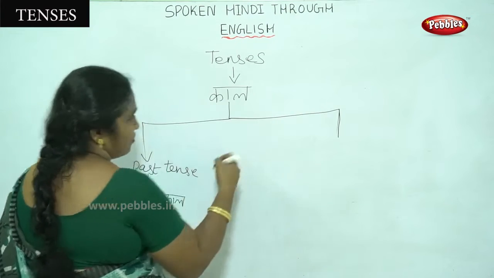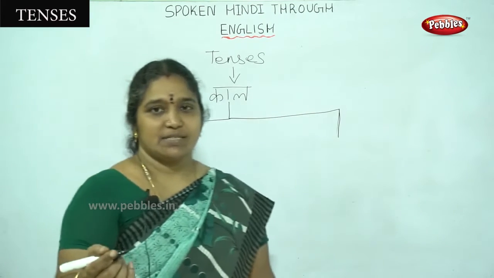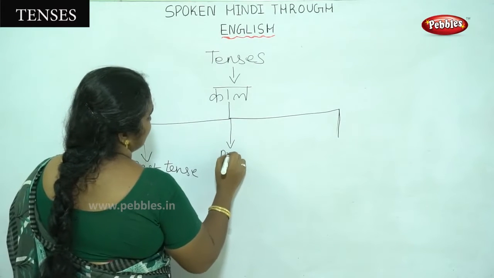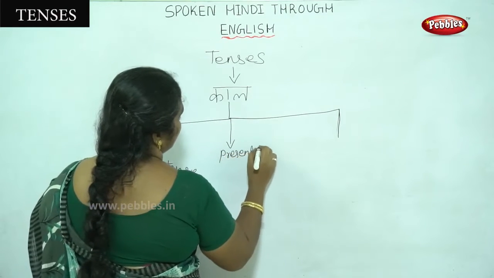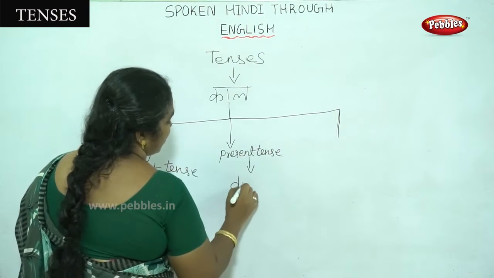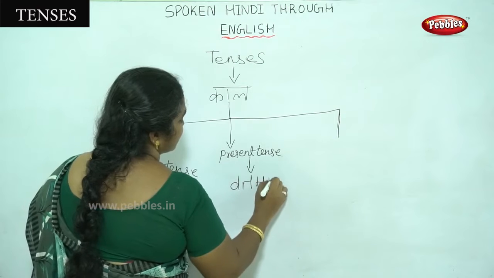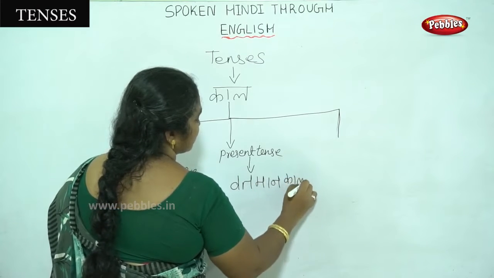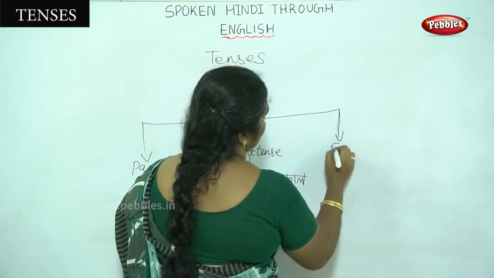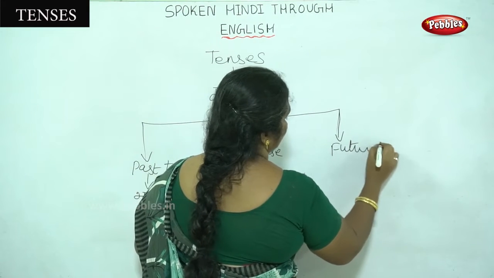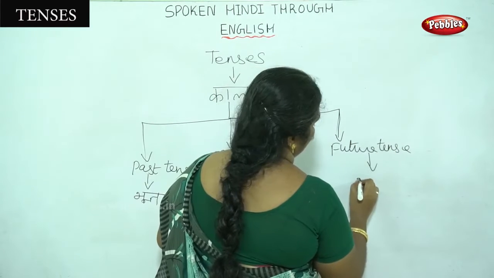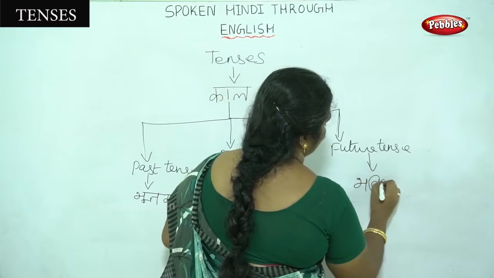Here, what we are doing at present is called present tense. This is present, that is Vartaman kaal. Here this is future tense. Future tense means Bhavishyat kaal.